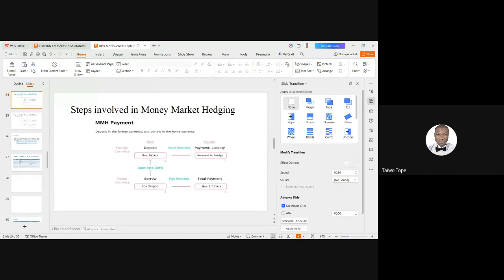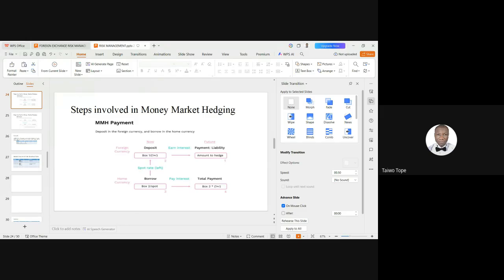This table is the amount you are going to deposit in foreign currency, and it will be based on what you have in the first box.